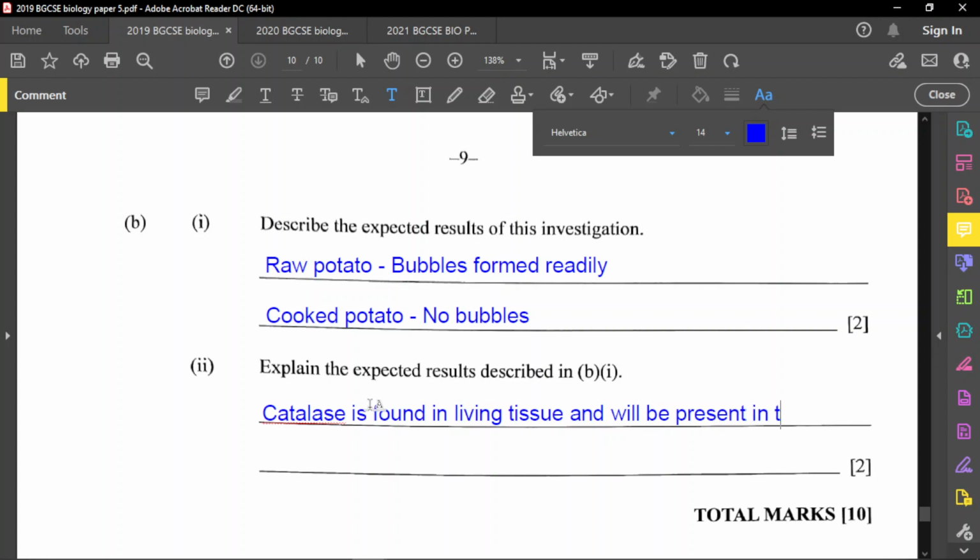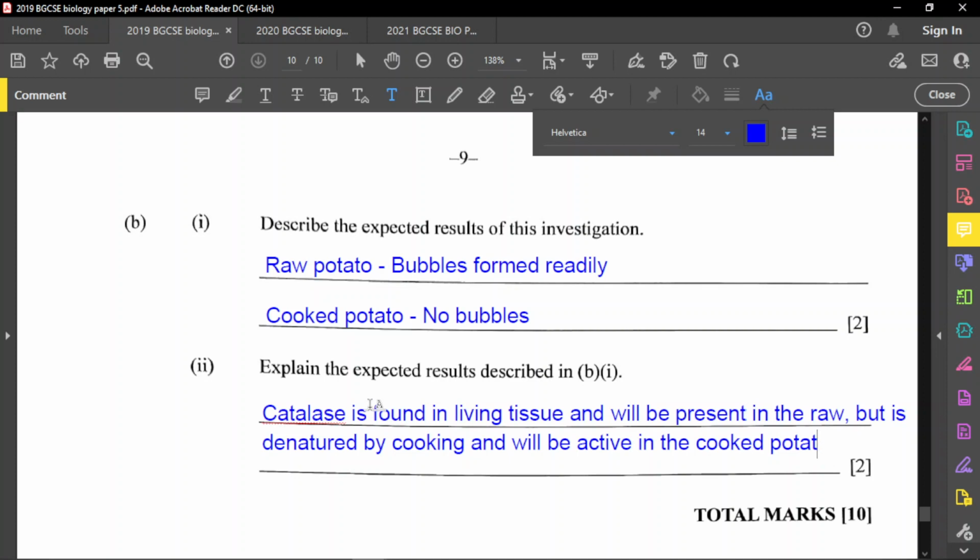That's very important right there. But it is denatured by cooking and will not be active in the cooked potato.